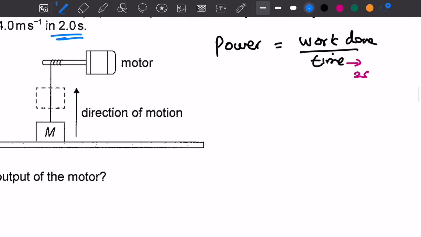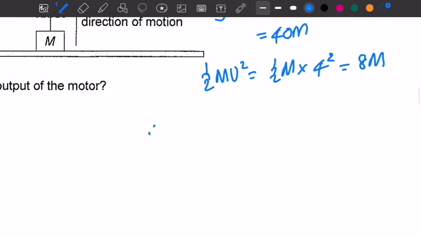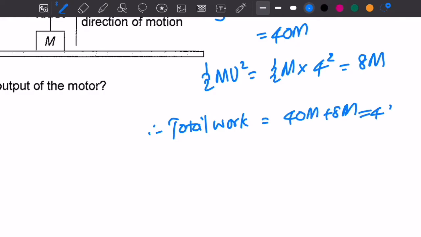Now mgh in this example is m times g, let's take g as 10, times 4. So 40m, right? Half mv squared is half m times final speed 4 squared, 8m. So total work is 40m plus 8m, 48m, right?